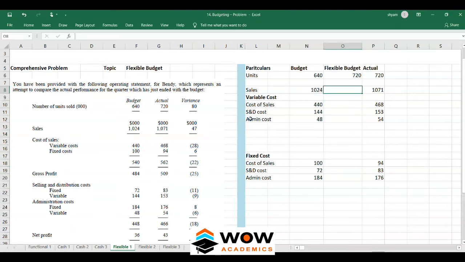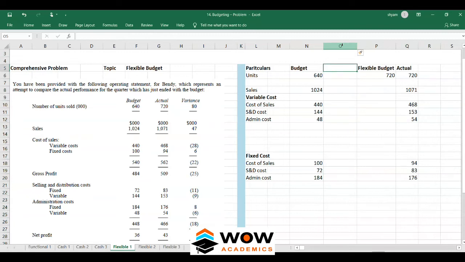So now we have to get the flexible numbers. So how do we work out the flexible numbers? We have to do calculation. So we'll do the calculation here itself. We don't need to do it in a separate place. So to do a calculation, it works like this. It's going to be sales amount is 1024, but this is for 640 units.